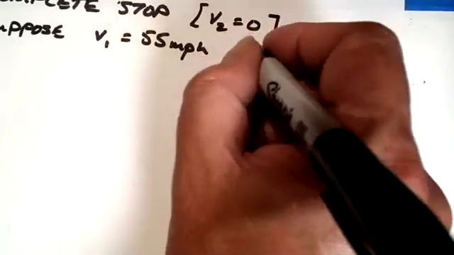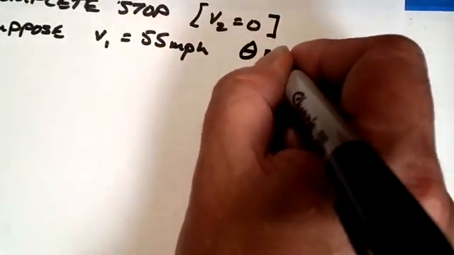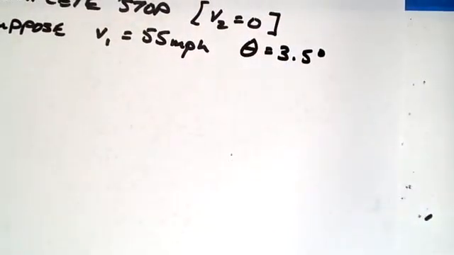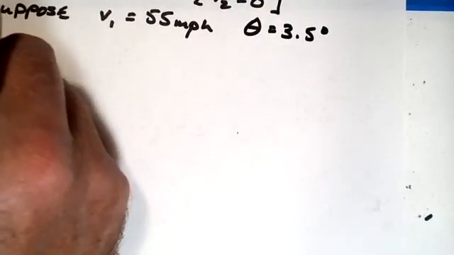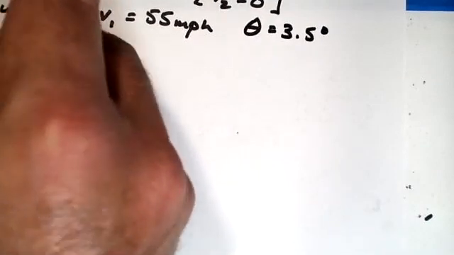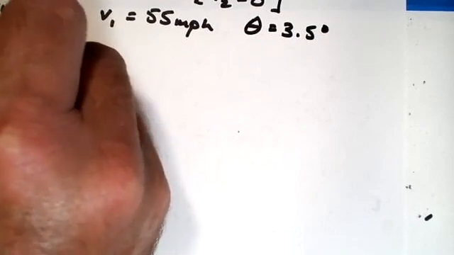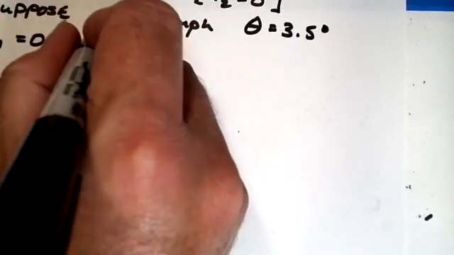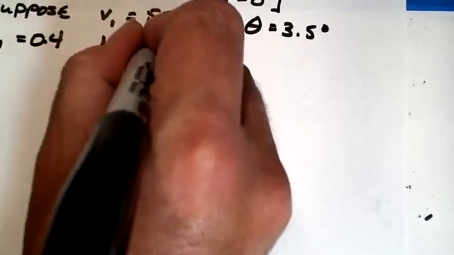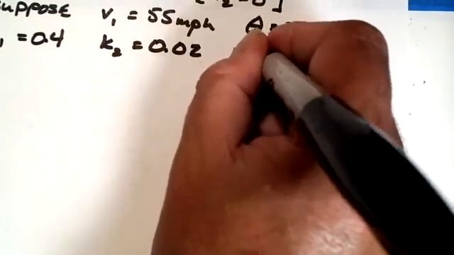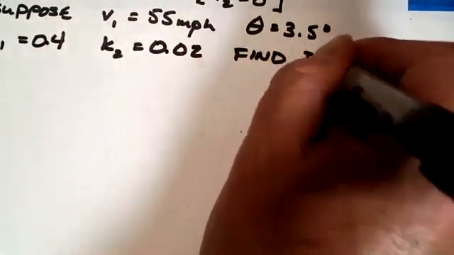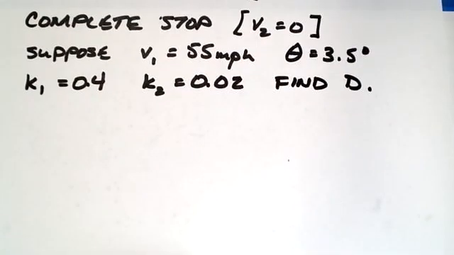And you're going slightly uphill, so theta equals 3.5 degrees, where the coefficient of kinetic friction between the brake plates and the disc is 0.4, and the rolling friction coefficient on the tire is 0.02. Find the distance in feet, okay?